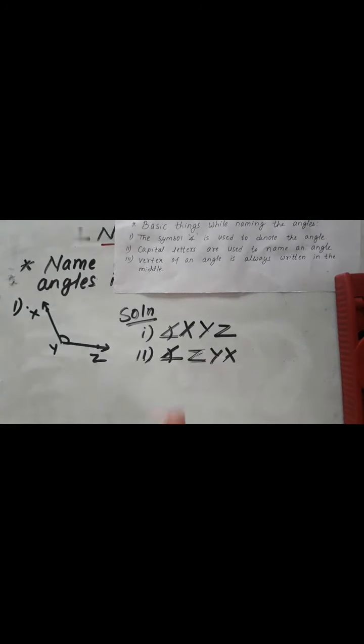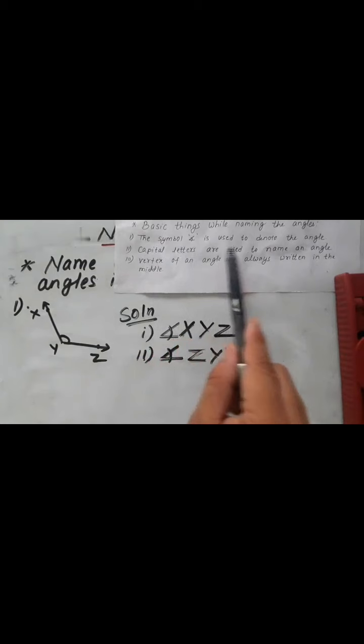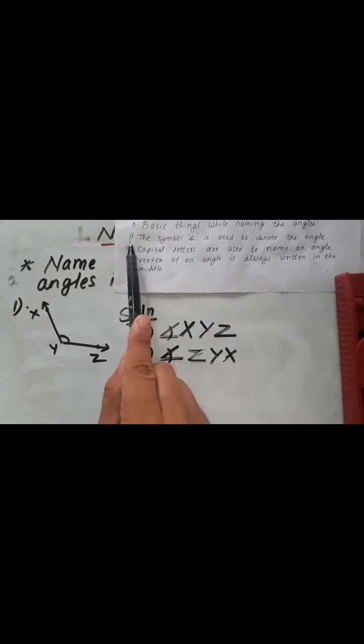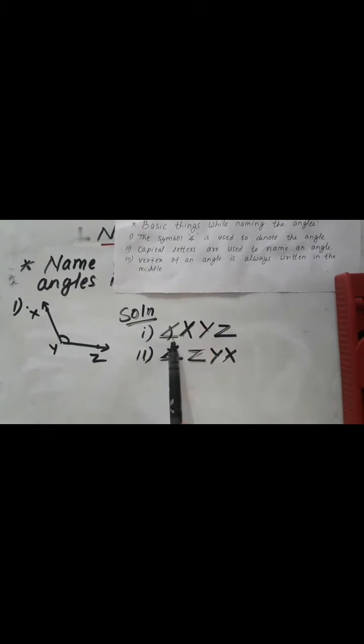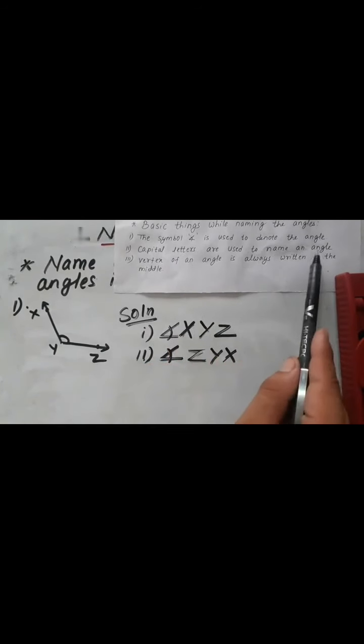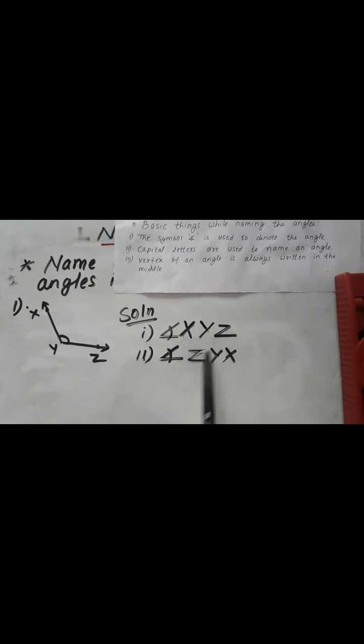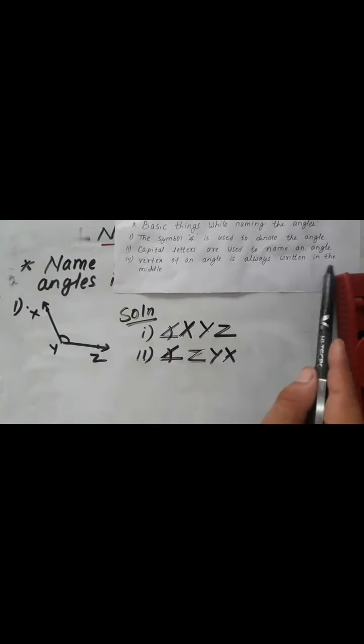So students, here you can see we have fulfilled all the conditions. The first condition was the symbol of angle should be like this. Here we have written the symbol of angle. Capital letters are used to name an angle. We have used capital letters. Similarly, the vertex of an angle is always written in the middle.